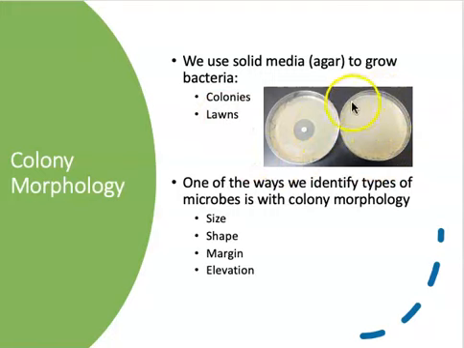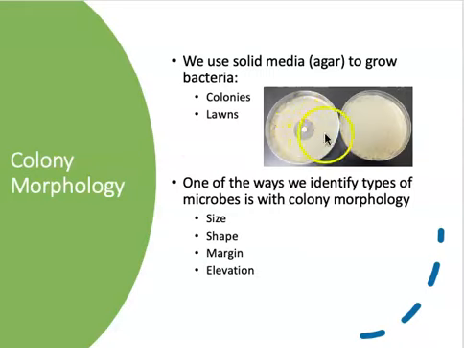It's just a solid convergence of bacterial cells. Now, why would we ever want to grow a lawn on purpose? Well, sometimes we want to test to see whether bacterial cells are sensitive or resistant to an antibiotic.